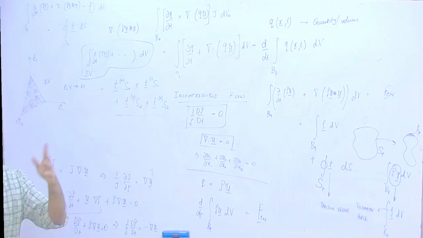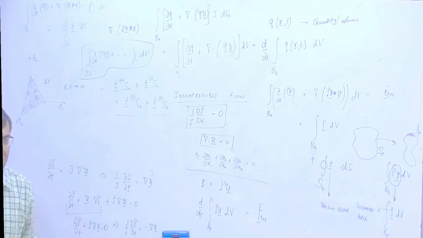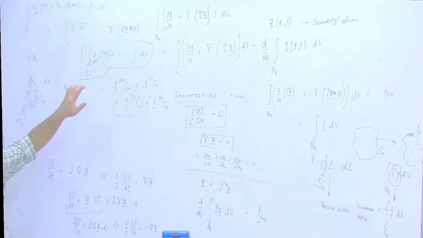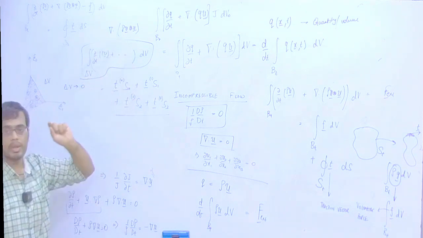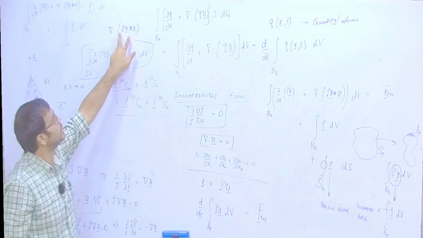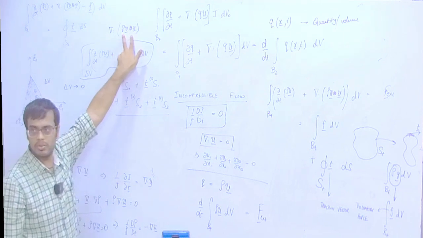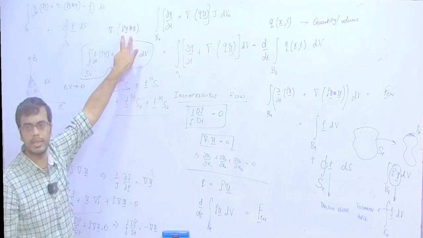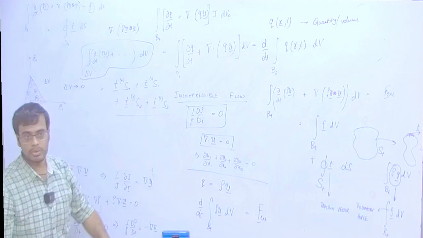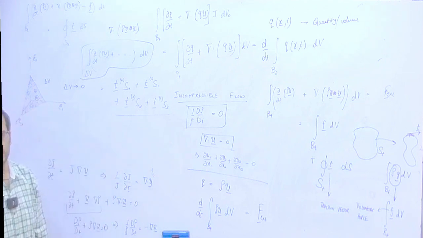You cannot integrate a very large quantity over a very small volume and say it is going to be 0. A large quantity times a small quantity might be a finite number. So we have to note that there is a derivative inside, and we are making the point that this derivative is not infinite. That is, rho u tensor u is a smooth quantity inside the tetrahedral volume.